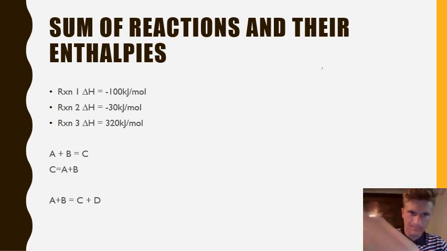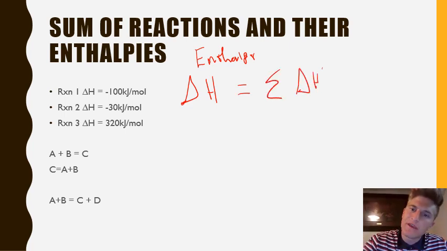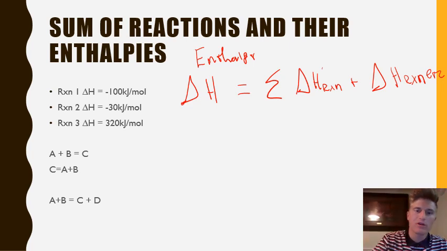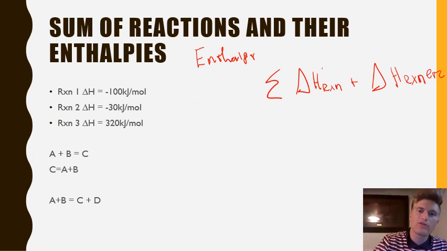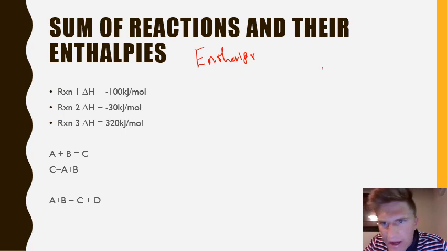Essentially, the first way to calculate the delta H, or the enthalpy in a reaction, is equal to the sum of all of the delta H's within a process, etc. In this example, we can calculate the sum of the enthalpy for these three reactions.